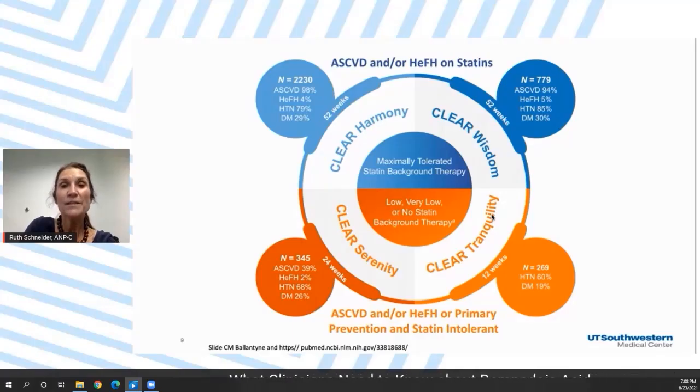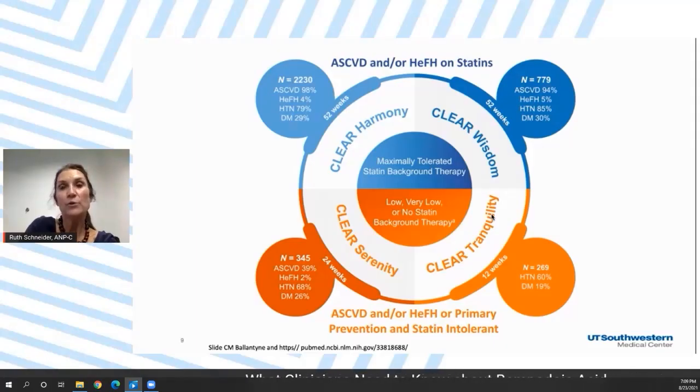I'm going to focus on the 2 trials on the upper part of the stream first, Clear Harmony and Clear Wisdom. These 2 clinical trials lasted 52 weeks, each of them. They looked at individuals that had ASCVD and or heterozygous FH that were currently on maximally tolerated statin therapy.